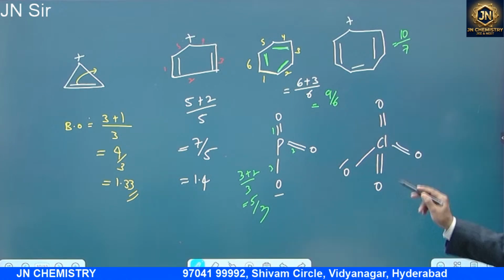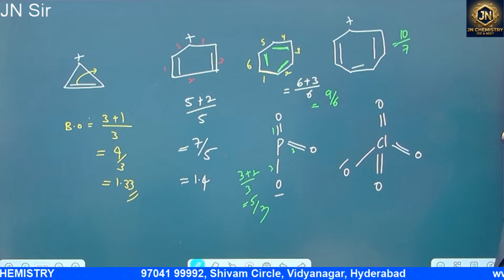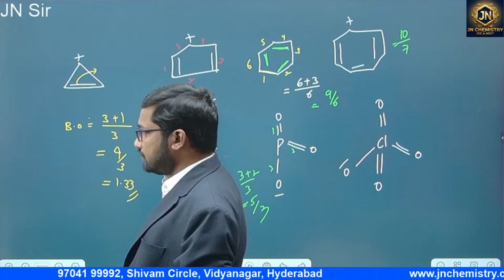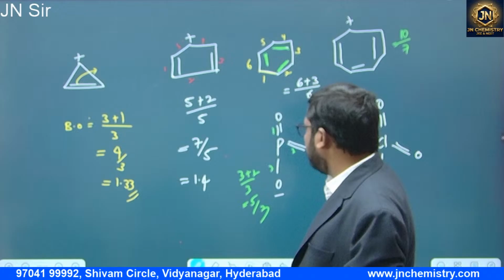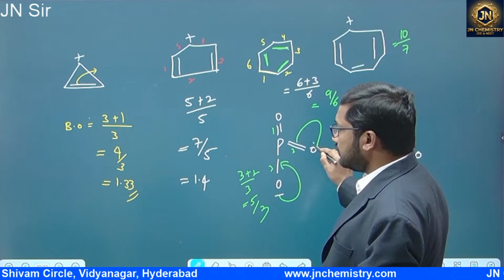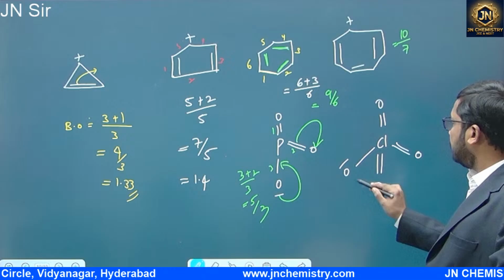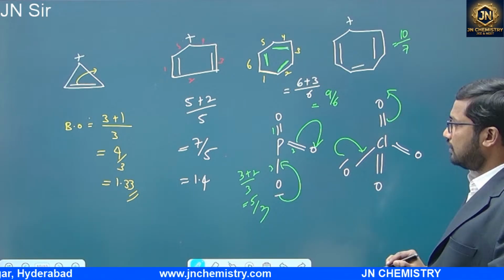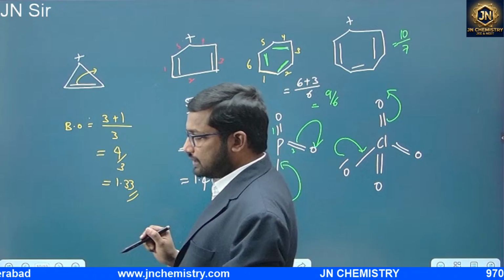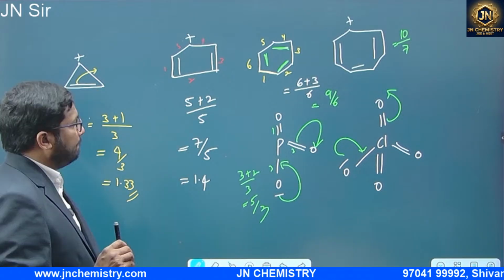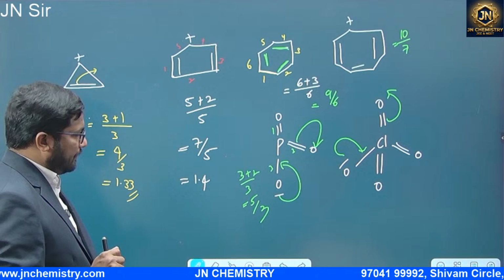The formula is for organic; for anything having resonance, we can use it. Inorganic also, if it has resonance, you can use it here. Understood? Okay, all are participating in the resonance, right? Okay now?